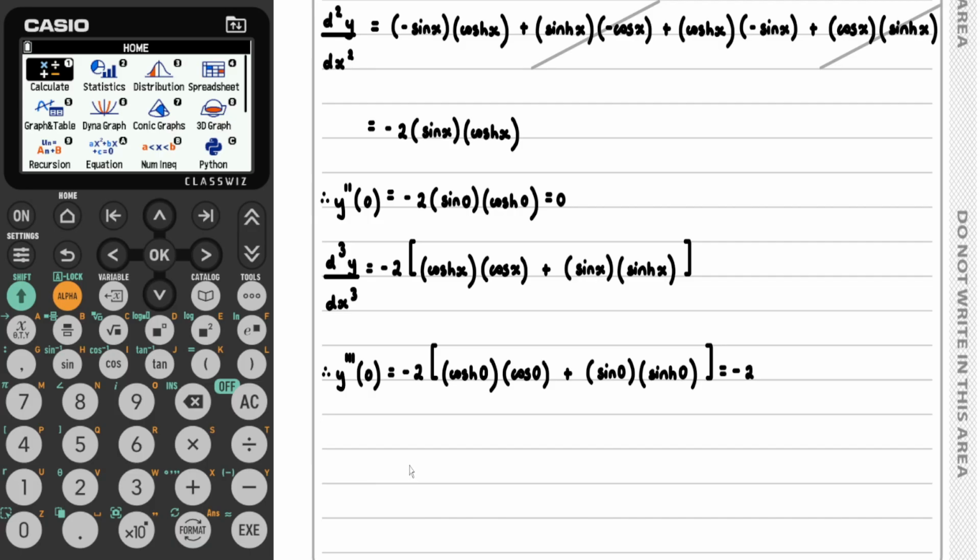Let's now find the fourth derivative. For the fourth derivative, well, I've got this minus 2.